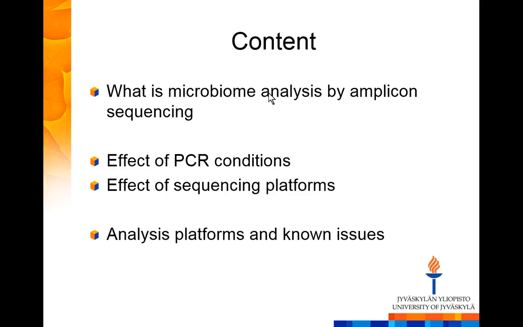I will also tell you about the effect of PCR conditions on the figure of the community that you recover. And I will also be telling you about the effect of different sequencing platforms, so mostly a comparison between MiSeq and Ion Torrent PGM.